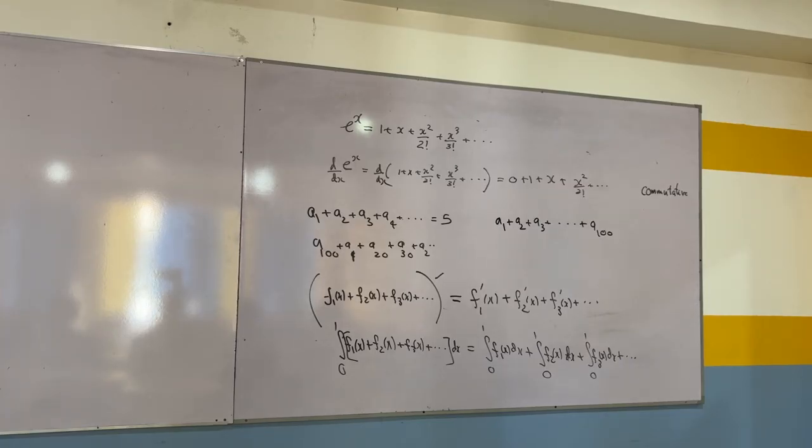He's saying f(0) is 3, f(1) is 5. So this is a function. At the point 0 it is 3. At the point 1 it is 5.